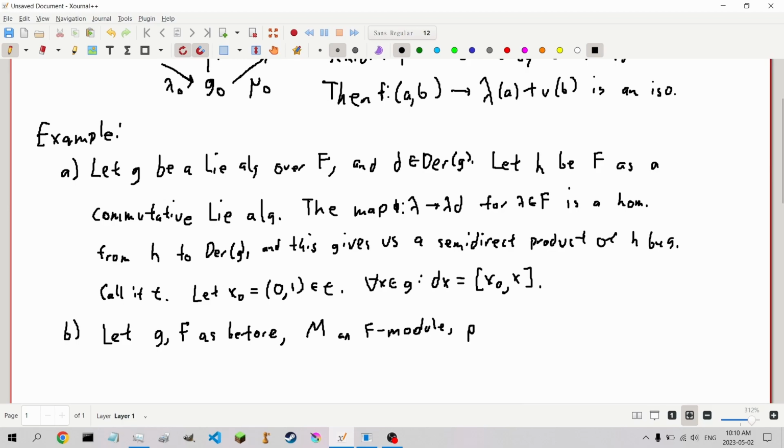And rho from G to the general linear Lie algebra, which is just the endomorphism algebra, a homomorphism.